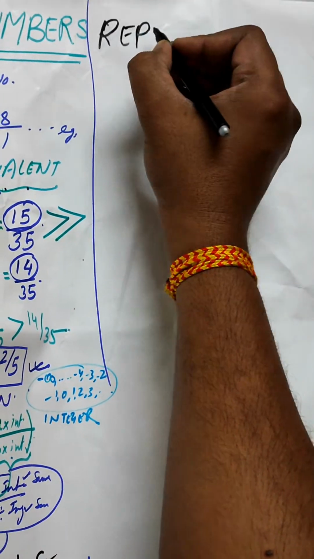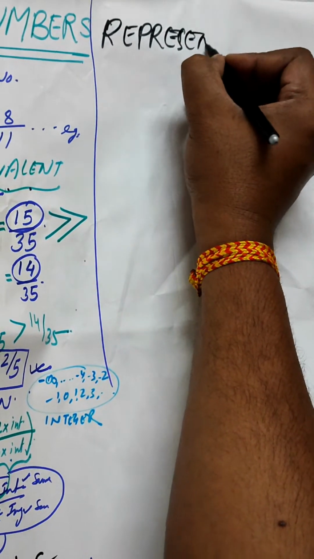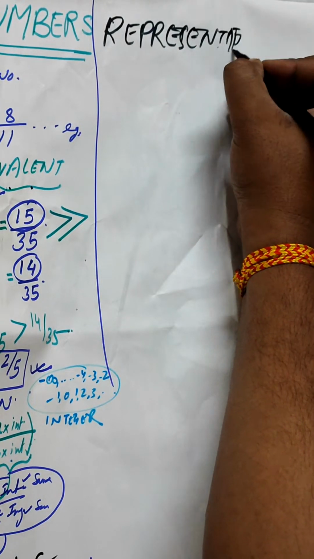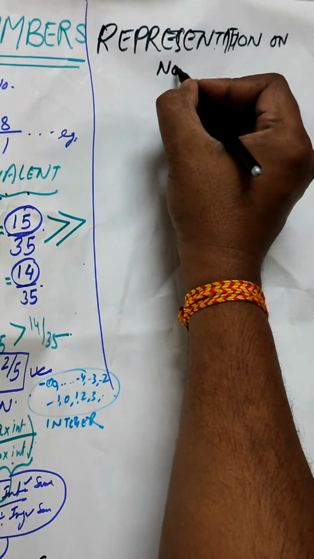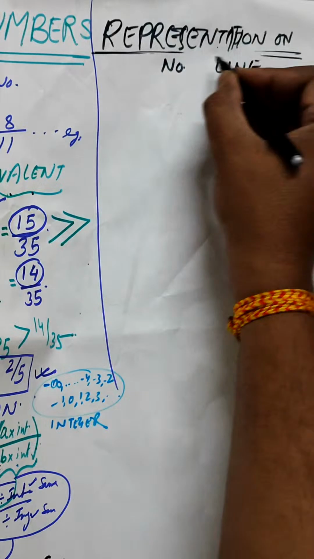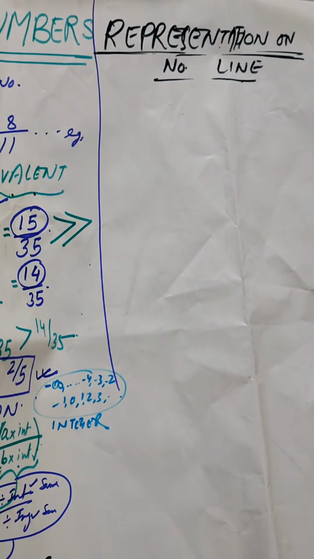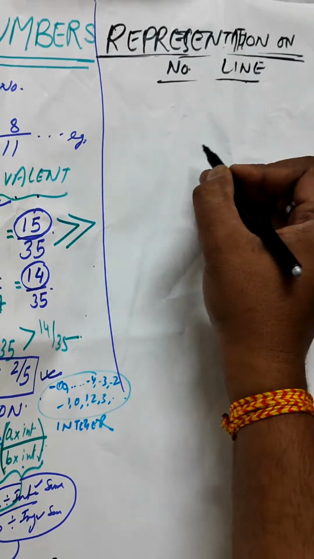We are going to learn representation on the number line. Students, I hope you are aware of the x-axis, y-axis, and the number lines. I'm considering that. So let us take some example. Let us draw the number line first.